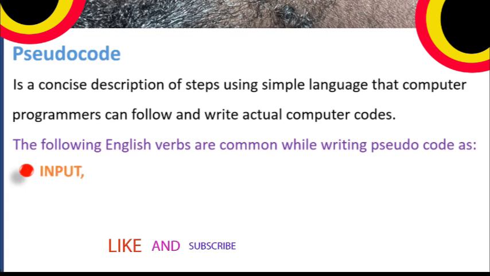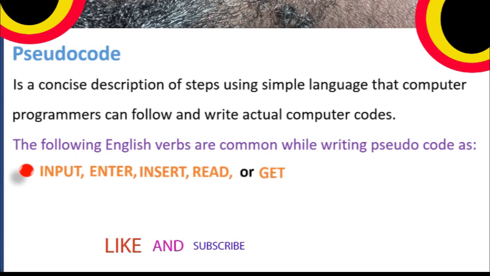The other is input. Input or enter. Or insert. Or read. Or get. Now, these words are similar. They are words commanding that when the program has started, you only have loaded your program. Can you enter something? Can you input something? Assume you put on your WhatsApp. What next?